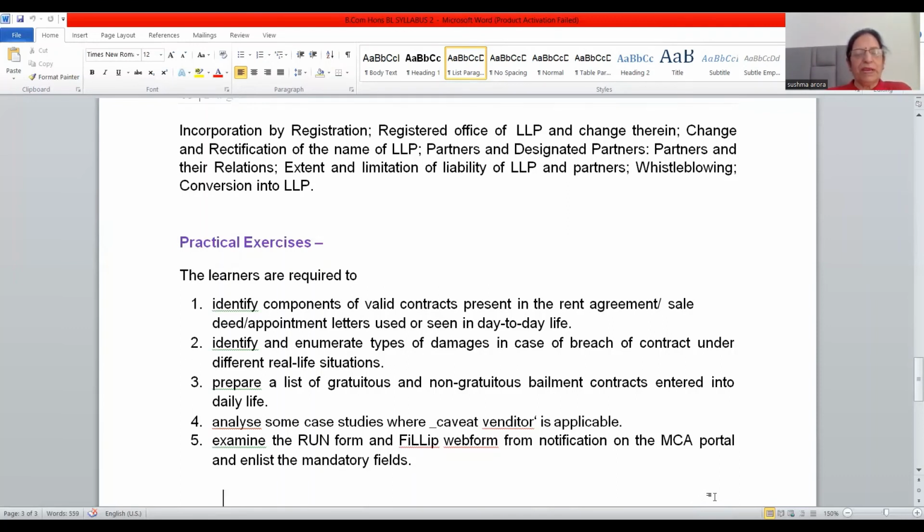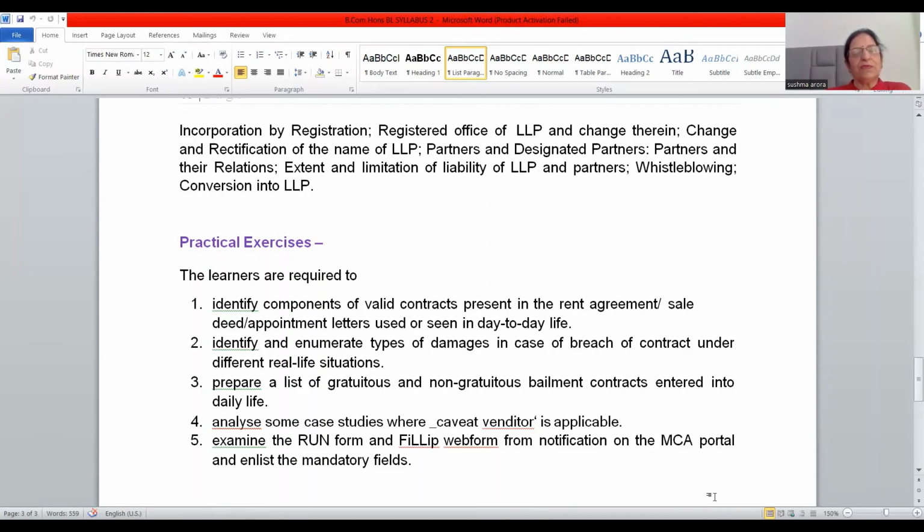So you'll be able to learn all these, what are the terms and conditions of the rent agreement or sale deed or appointment letters, and then you'll be able to identify and enumerate types of damages in the case of breach of contract under different real life situations. Damages can be of 4 types: nominal damages, then direct damages, indirect damages, then punitive damages.